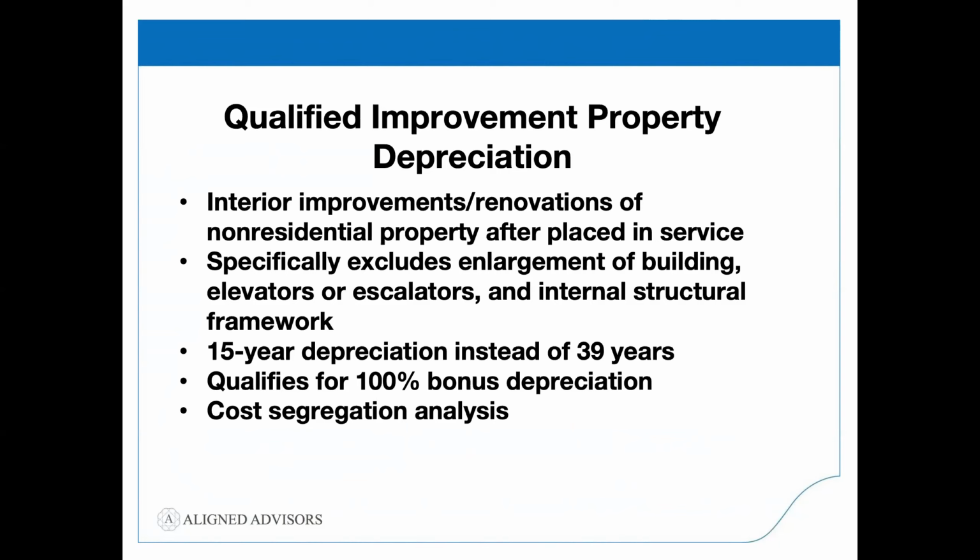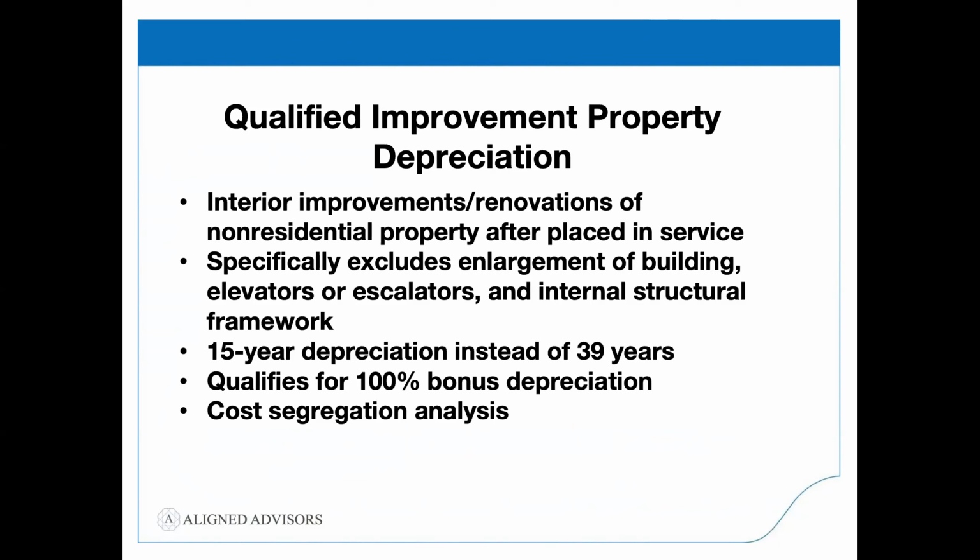What is specifically excluded is if you have expanded the building, the expansion doesn't count, nor do elevators or escalators or any kind of internal structural framework. So you have to kind of parse these things out, and that's why I put in there cost segregation analysis.